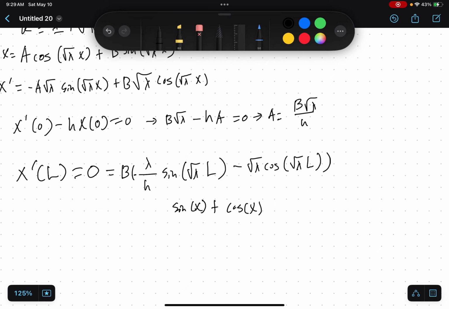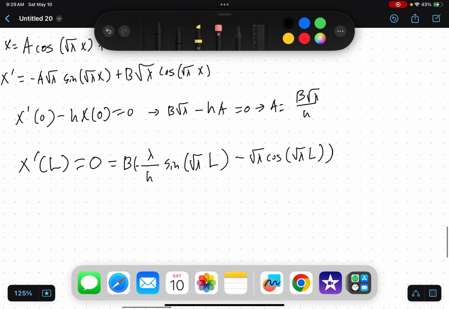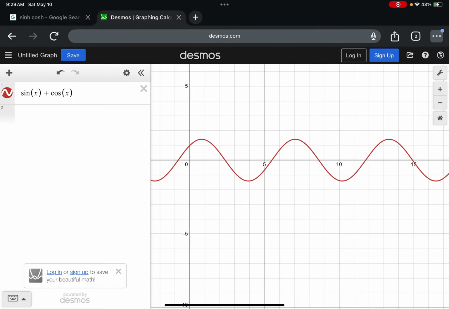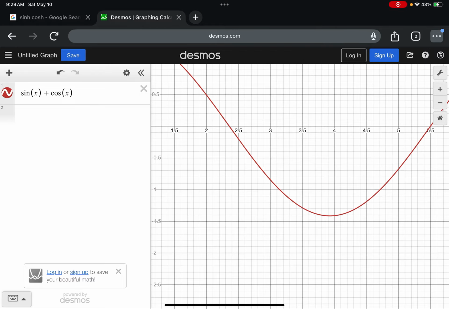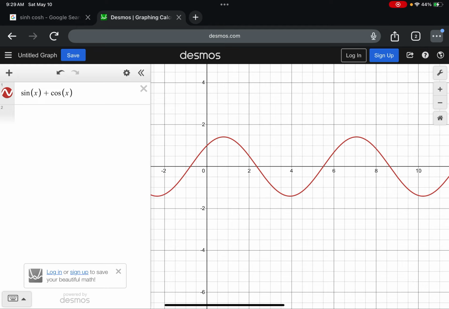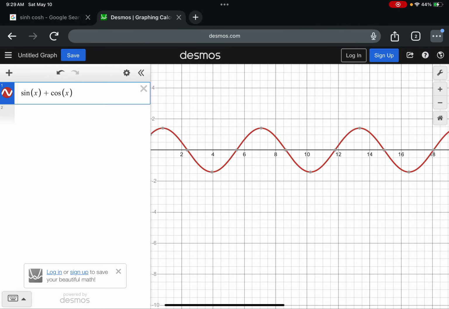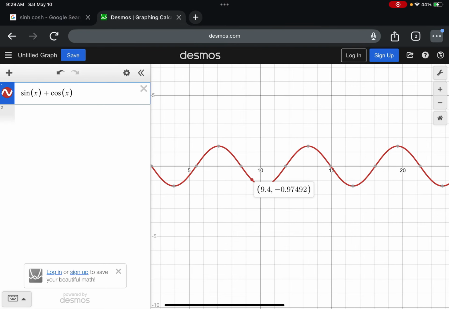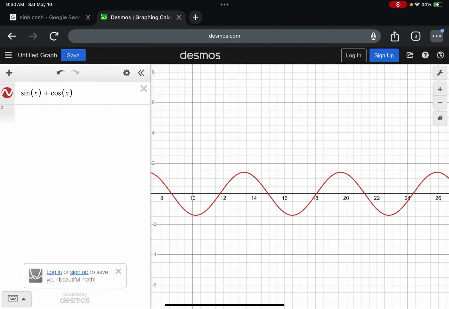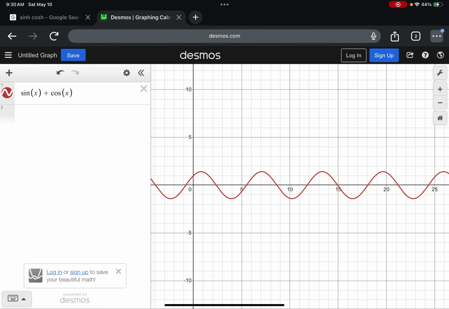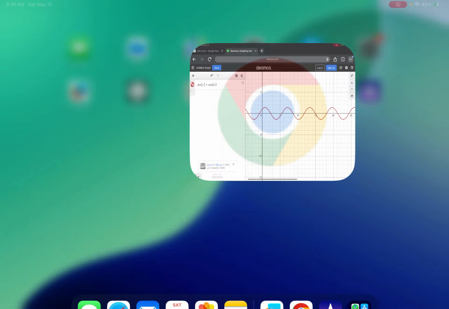Let's just say that is what it is. So if I plot sine of x plus cosine of x, there are a bunch of places where it equals 0. Equals 0 right there, right here, right there, and so on. There's an infinite number of points where this equation equals 0.